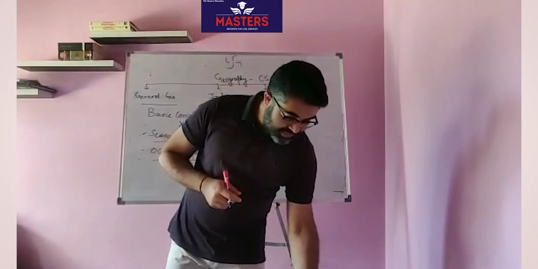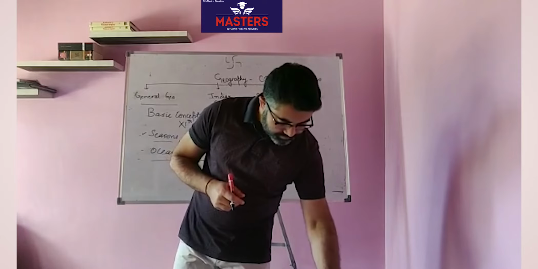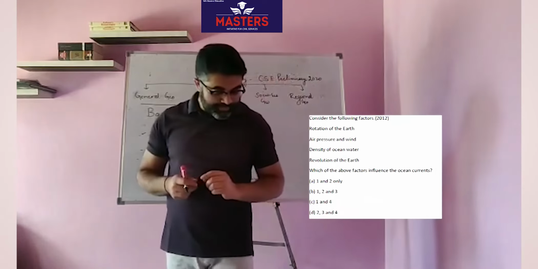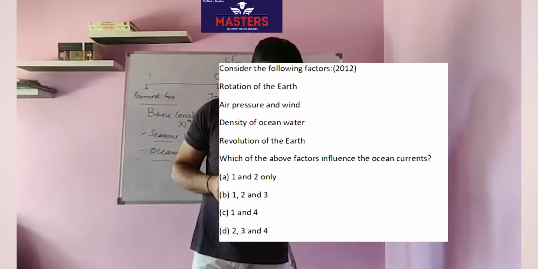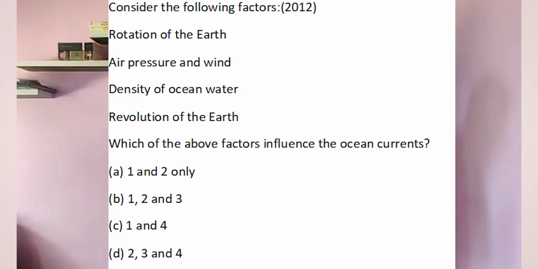Again, there was a question asked a few years back, I think in 2012. The question is: consider the following factors: rotation of Earth, air pressure and wind, density of ocean water, revolution of the Earth.